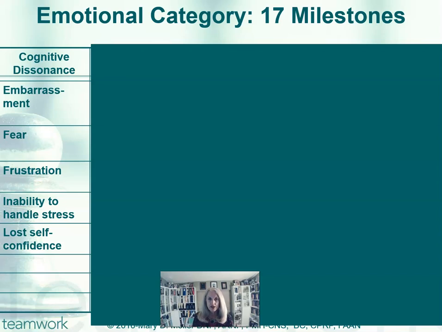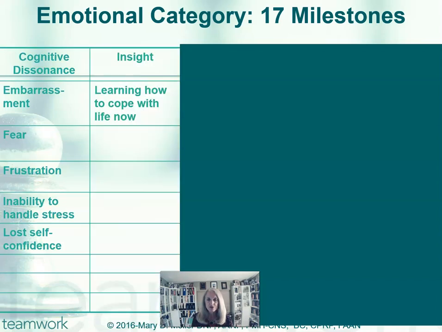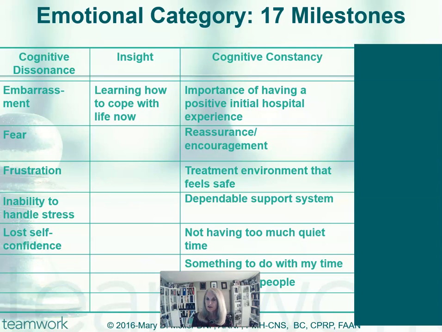So, on the couch, again, embarrassment, fear, frustration, inability to handle stress, and loss of self-confidence. Then they move into learning how to cope with life. Whoa, then it goes into the importance of that first initial episode, reassurance and encouragement, feeling safe in my treatment, support system that's dependable, don't make me be alone too much, help me find something to do with my time, I want to be around people, and I have hope.